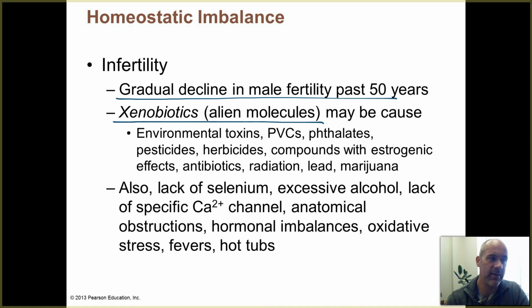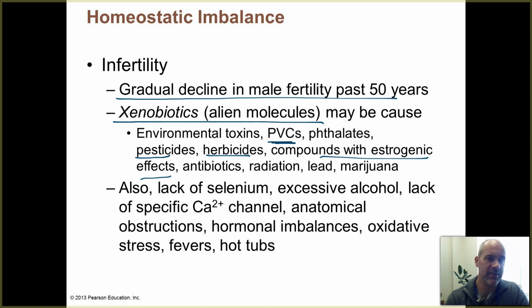Xenobiotics, that's a term for alien molecules. Xeno refers to something that's foreign. So it's thought that, in our society today, we're exposed to a lot of toxins, PVCs, chemicals that are located in plastics, pesticides, herbicides. There are chemical compounds that we get exposed to that are chemically very similar to estrogen. Some of those are present in plants as well.